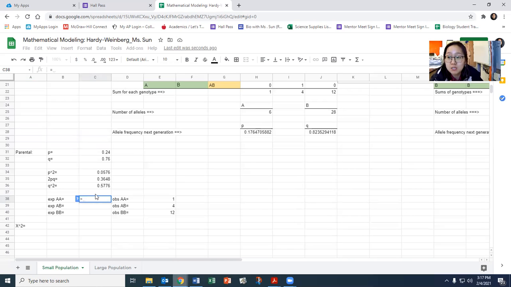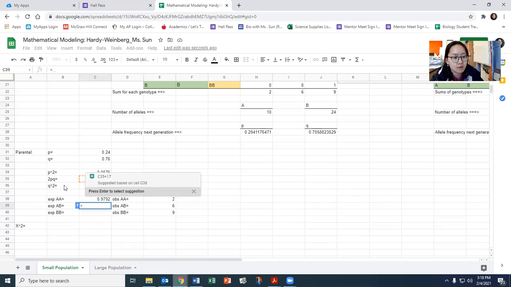So the reason why I keep saying multiplying is because in order to find the number of individuals in the expected, you're going to multiply your population size by the expected percentage of them. So you're going to be doing the percent times the population size, which we know is 17. And we're going to round because you can't have 0.97 of an individual in reality, because that's also kind of scary to think about.